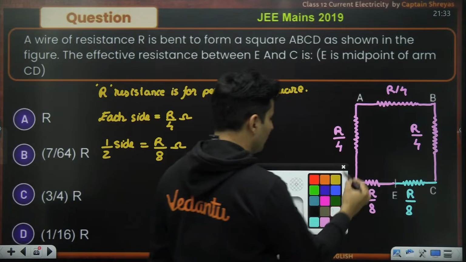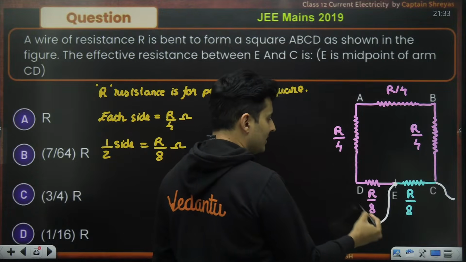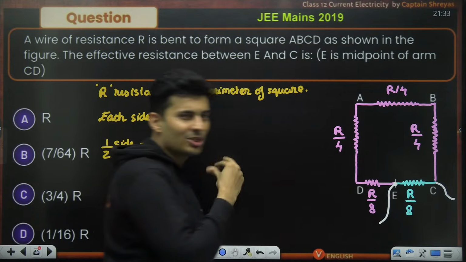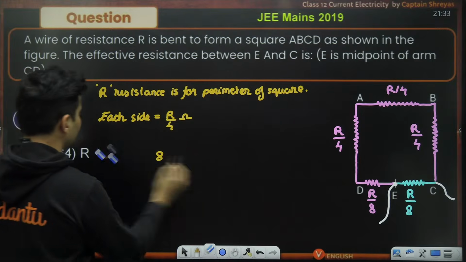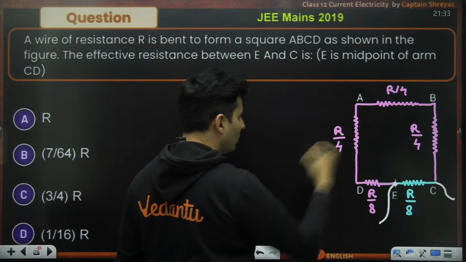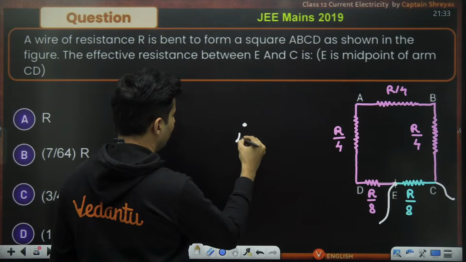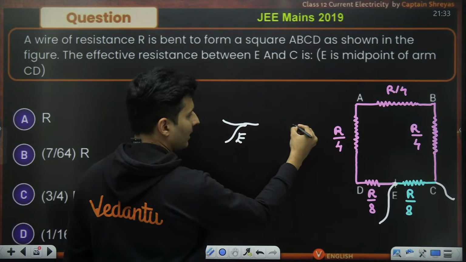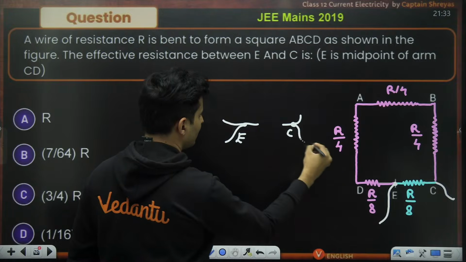And since we have to find the equivalent resistance between E and C, can you notice this R by 8, R by 4, R by 4 and R by 4, one after the other, they are actually in series. So technically, if you combine all these resistors into one single resistor, you will notice that from that particular point E on this side versus this side, and this point is C.